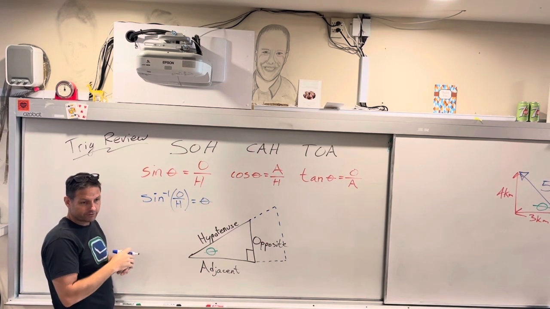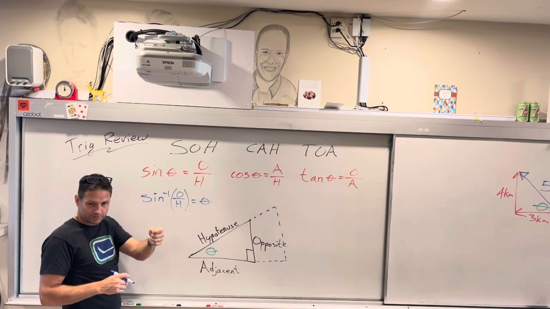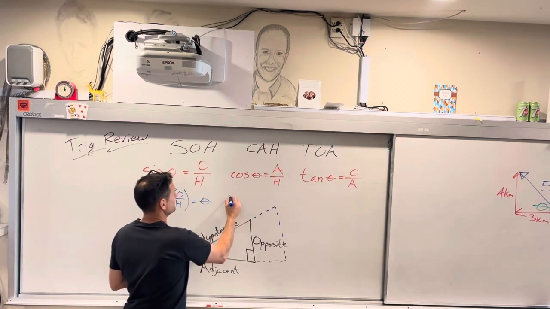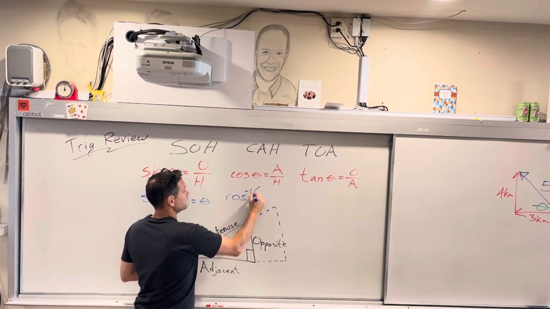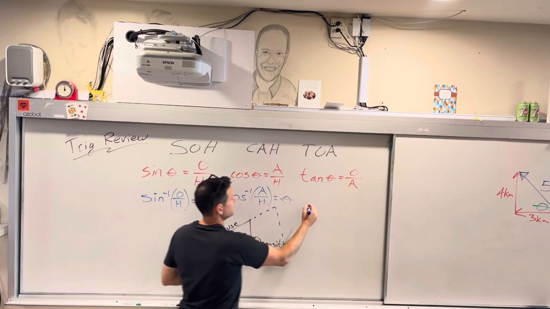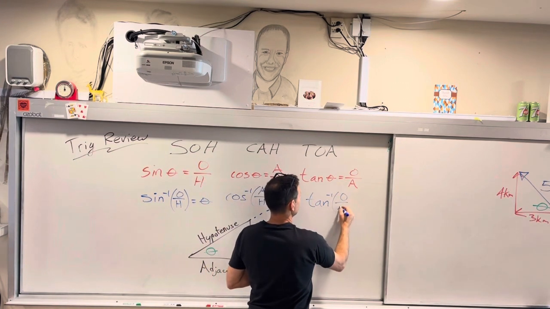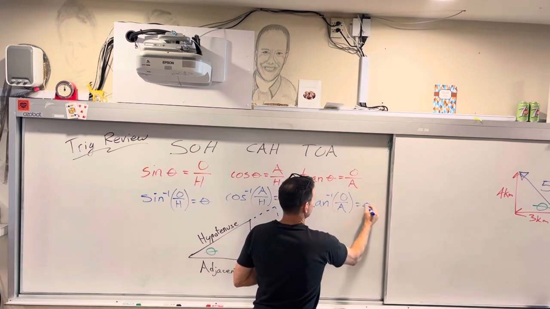Just do it in reverse. So on your calculator, you hit second sine or shift sine or whatever your button is. So it's cos inverse of A over H will give you the angle, and the inverse tangent of O over A will give you the angle.